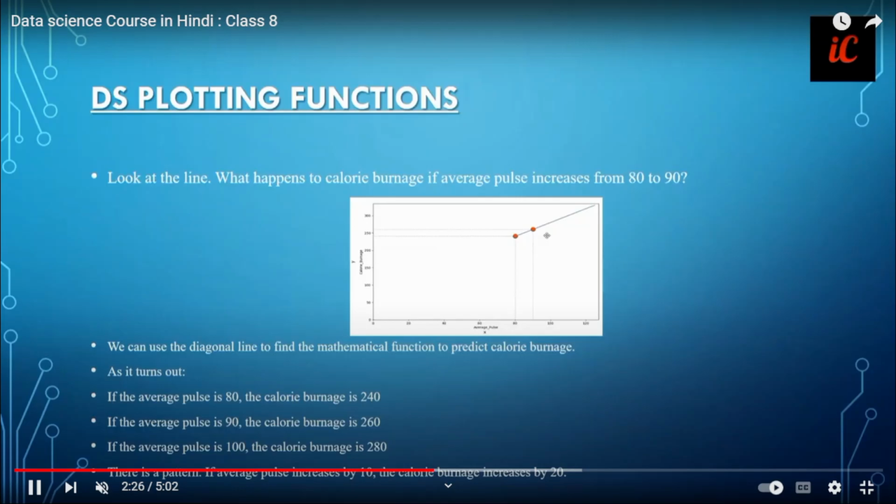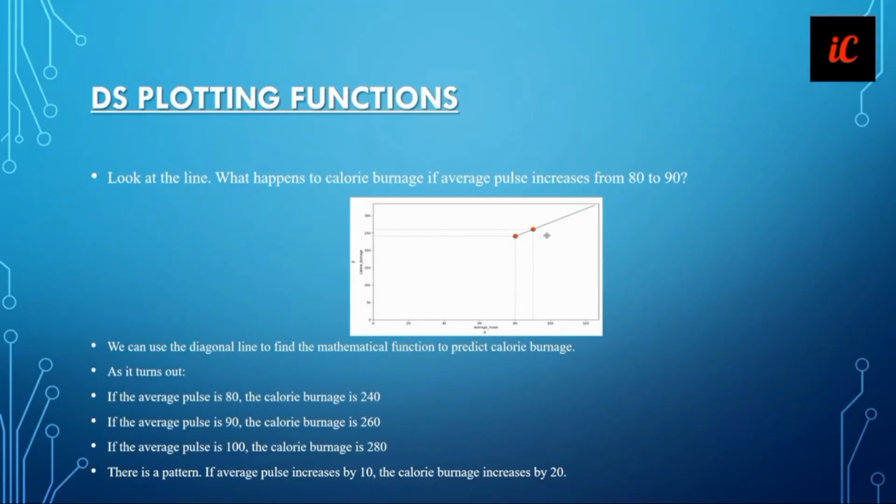Look at the line. First, what happens to the calorie burnage if the average pulse increases from 80 to 90? We can use the diagonal line to find the mathematical function to predict the calorie burnage. As it turns out, if the average pulse is 80, the calorie burnage is 240. Once it increases to 90, it is 260.